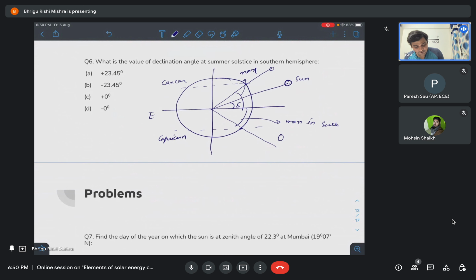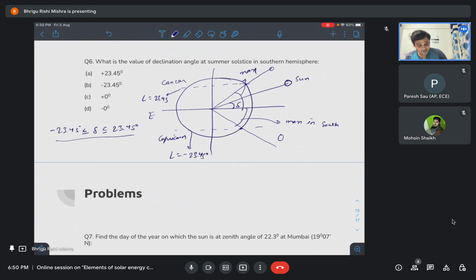The latitude of the Tropic of Cancer is 23.45 degree, and the latitude of Capricorn is minus 23.45 degree. That is why delta varies from minus 23.45 degree to plus 23.45 degree.